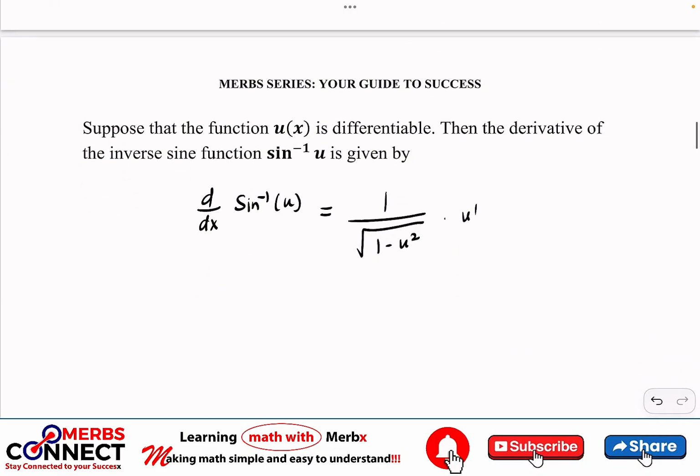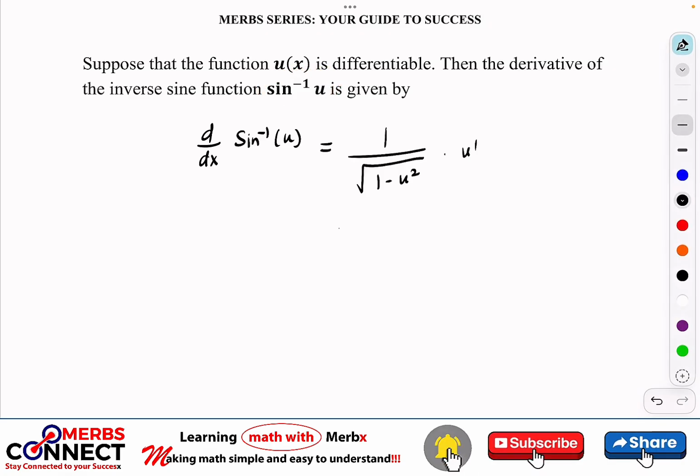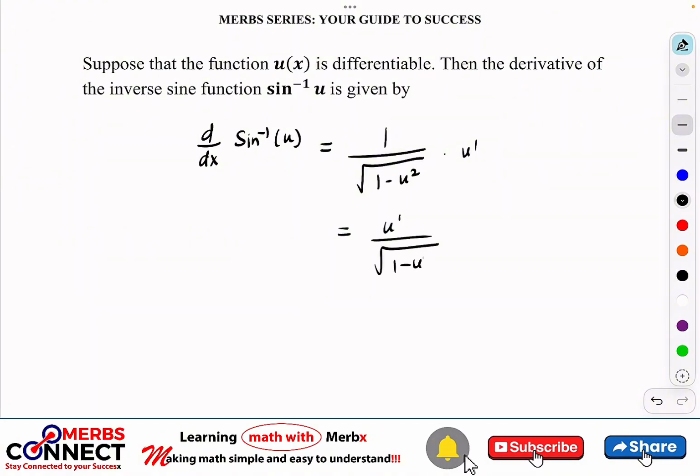But we are assuming that when we differentiate what is here and we are not getting 1, then we need to see it. So this becomes a generalized way of differentiating sine inverse. When I simplify this, I can have u prime divided by the square root of 1 minus u squared. And the same thing, this should be less than 1.